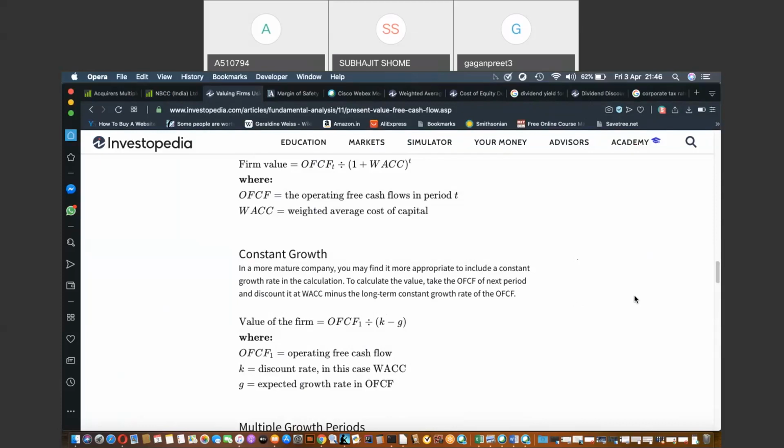Okay. Value of the formula, minus 0.0345, it's 0.06.